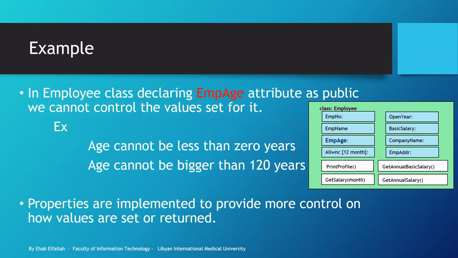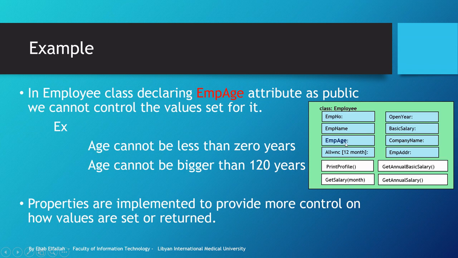For example, if we go back to our previous class from the last lectures, the employee class, in this class we have 8 attributes that represent the employee, and we have 4 methods. One of the attributes is the employee age.